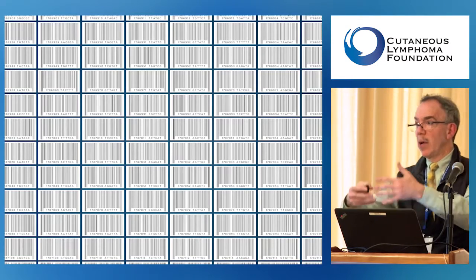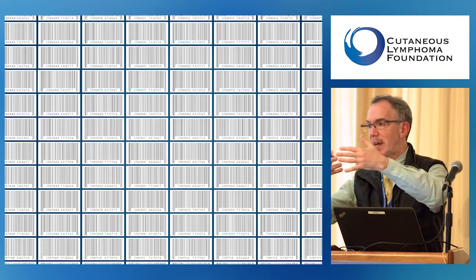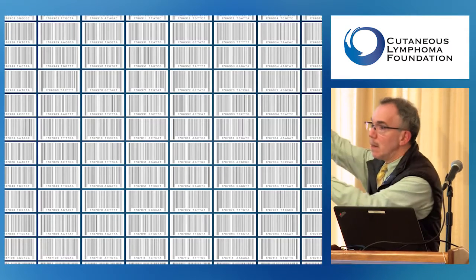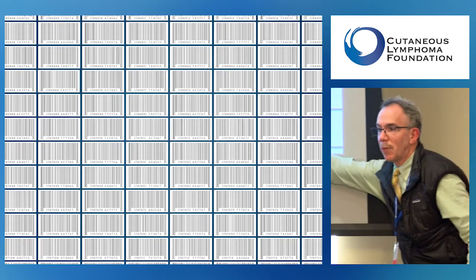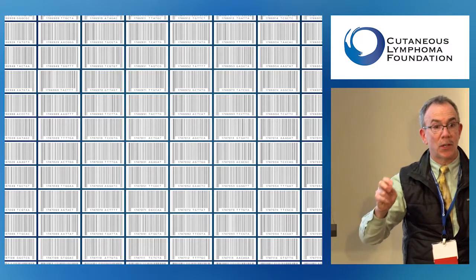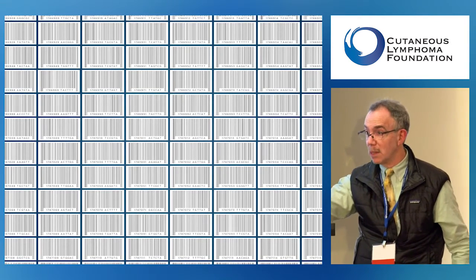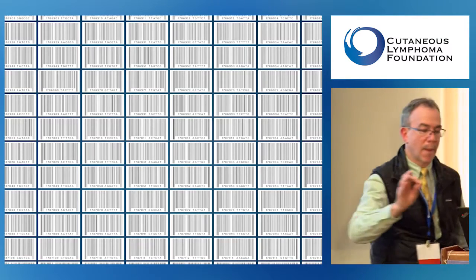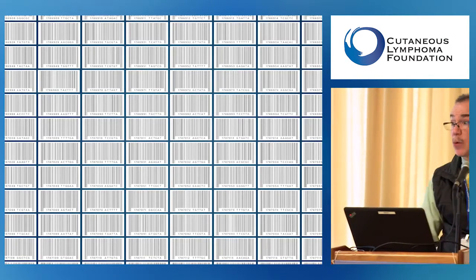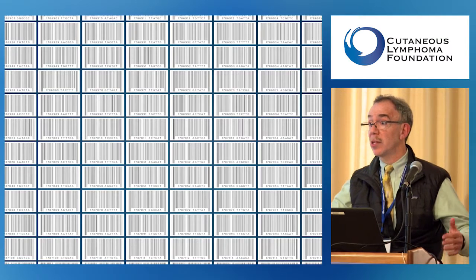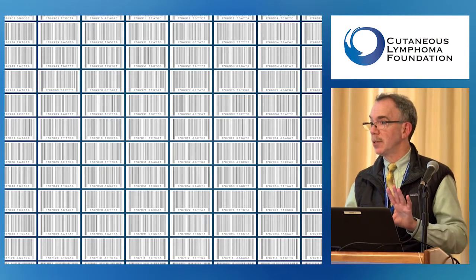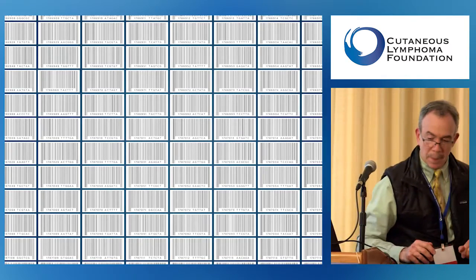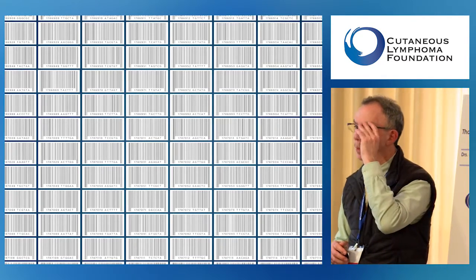So when you look at your lymphocytes, it's like looking at a series of different barcodes, where each of these different barcodes corresponds to a different lymphocyte. And if you were to ask how many barcodes we are capable of generating? Trillions. So it's an amazing system.